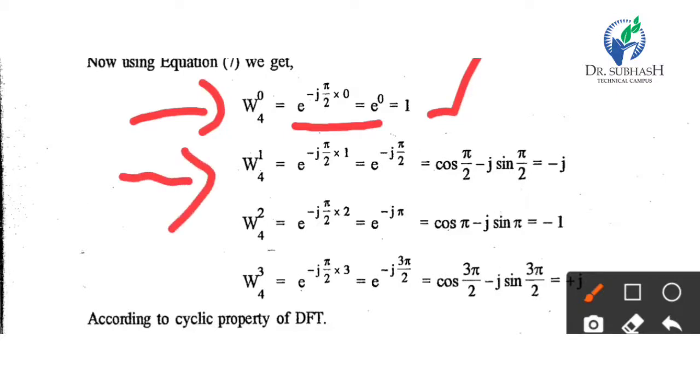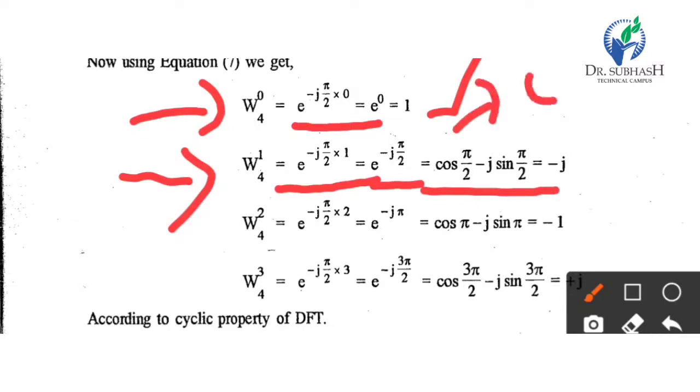W4 raised to 1 is e raised to minus j pi by 2, so it is cos pi by 2 minus j sin pi by 2, but we know cos pi by 2 equal to 0 and sin pi by 2 equal to 1, so it is minus j.